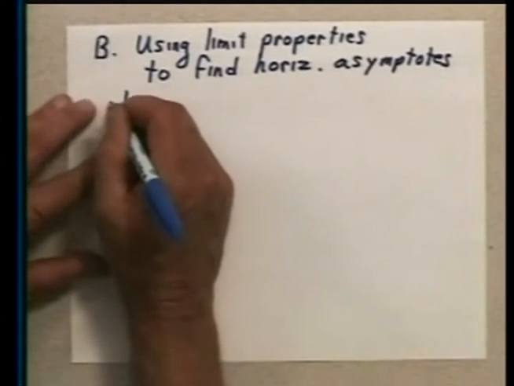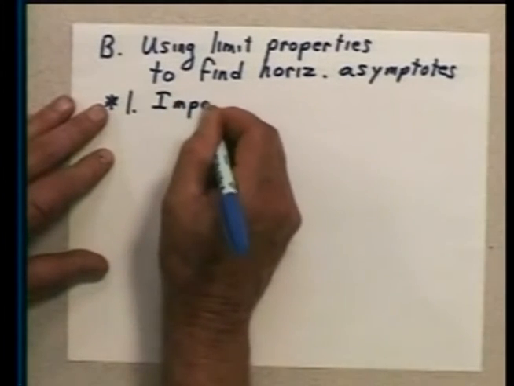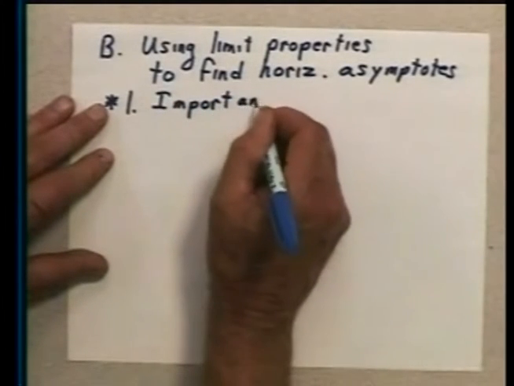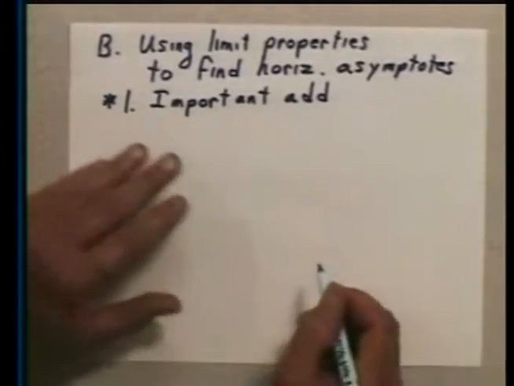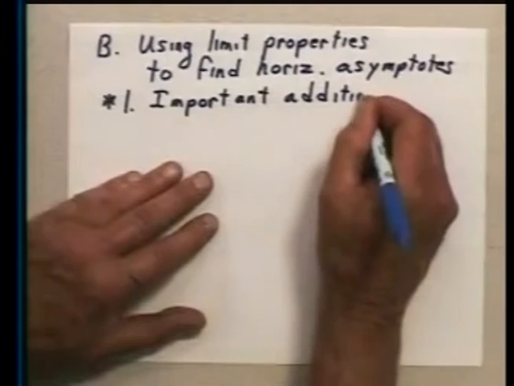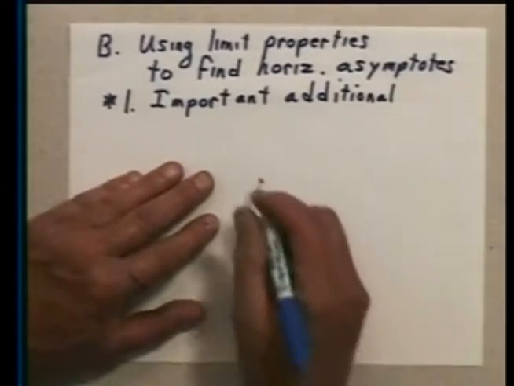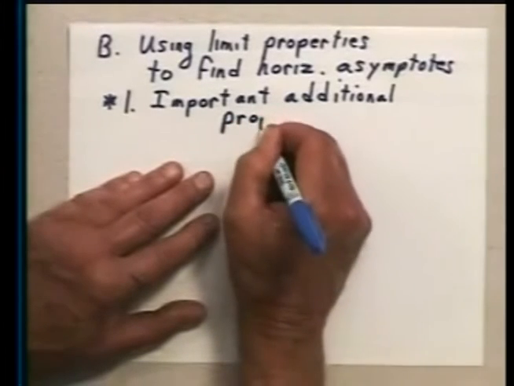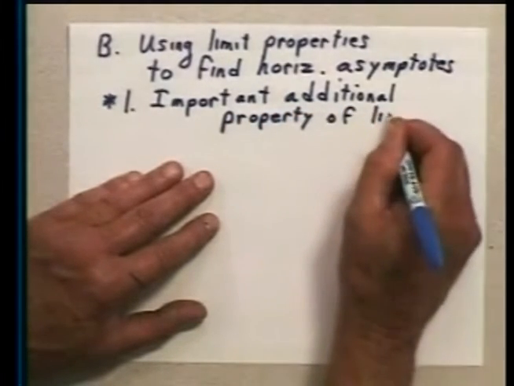Number one is an important additional property. That means we didn't do it in 2.3. We waited till we needed it. Important additional property of limits.